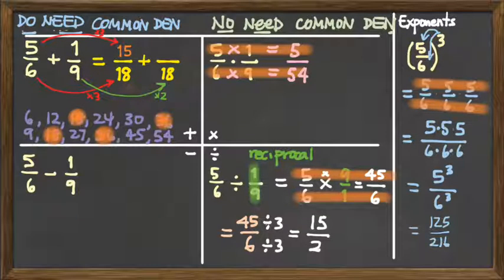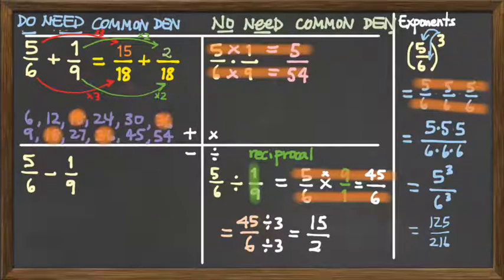So when I multiply the denominator by 3, I do the same thing with the numerator. Likewise, what should I do to the numerator of the second fraction? Multiply by 2, because that's what I did to the denominator of the second fraction. So now I'm going to get 1 times 2, that's 2 over 18.